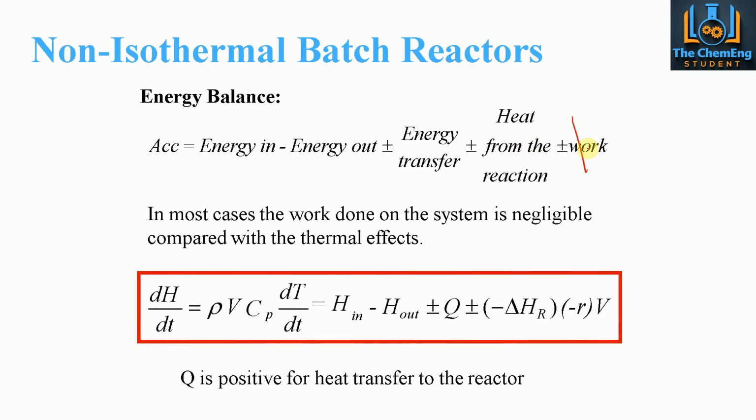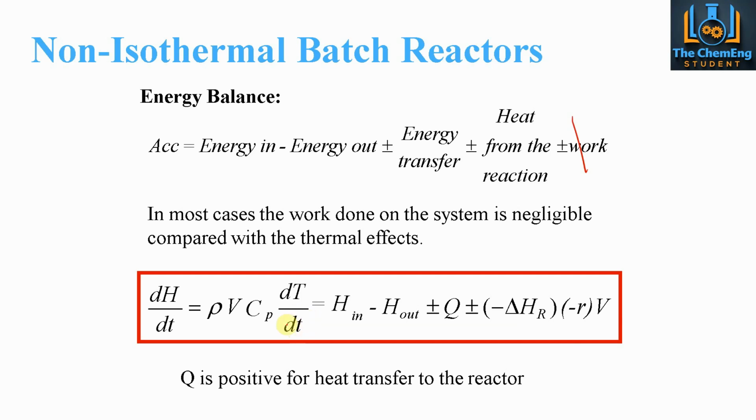So that means that we can rewrite this as dH over dt, so this is a change in the enthalpy with respect to time, is equal to the density multiplied by the volume multiplied by Cp, so the specific heat capacity, multiplied by the change in the temperature with respect to time.